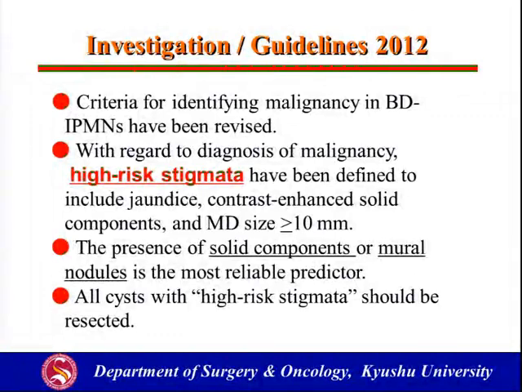The presence of solid components or mural nodules is the most reliable predictor of malignancy. All cysts with high-risk stigmata, as you see in this slide, should be resected immediately if the patients are fit.